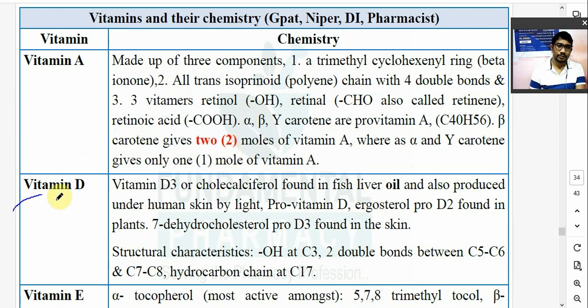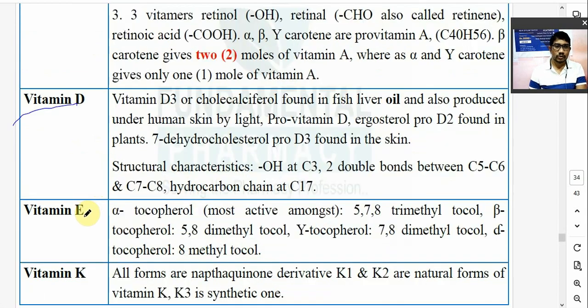Then vitamin D. Next, we have already seen this lipid solubility, but chemistry I am going to discuss again. So vitamin D3 is known as cholecalciferol. It is found in the fish liver oil and also produced in humans under the skin by using sunlight.